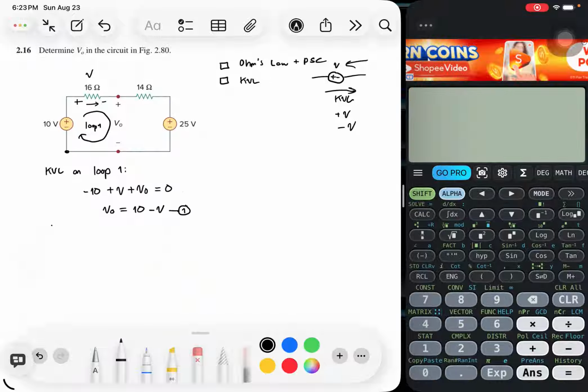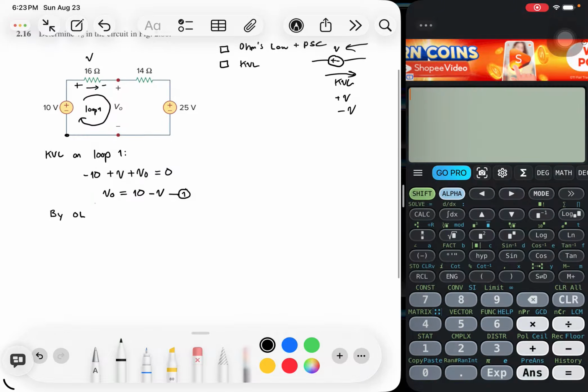So what is V? Now, by Ohm's law, and we must also consider the passive sign convention. V is equivalent to the current that is flowing in this 16 ohm resistor. So let's call this current I. V by the passive sign convention: since the current is entering the positive terminal of the resistor, that would be positive 16I.